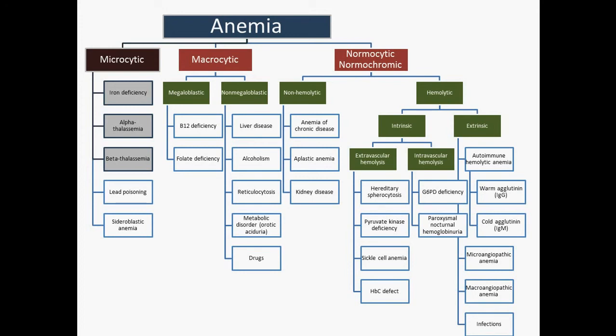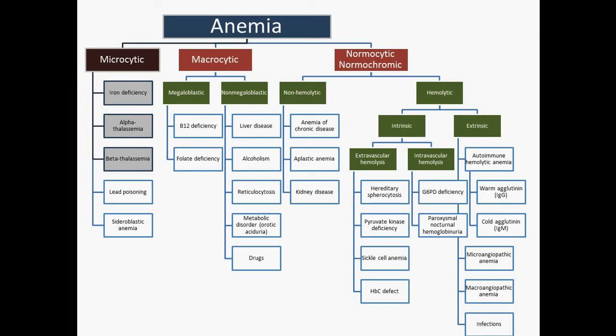With beta thalassemia, you have the same kind of thing. If you have a heterozygote, it's not going to cause a whole lot of problems. But if you have a homozygote, then you end up with a lot more problems.